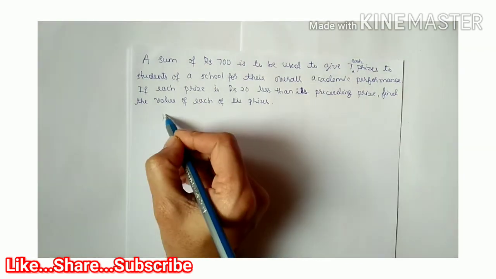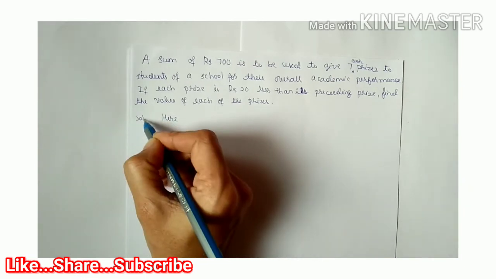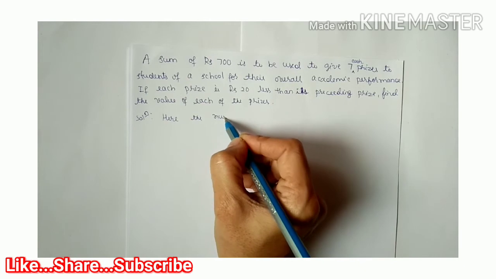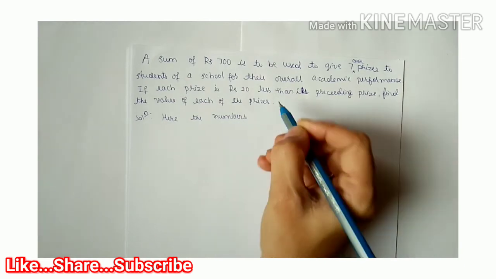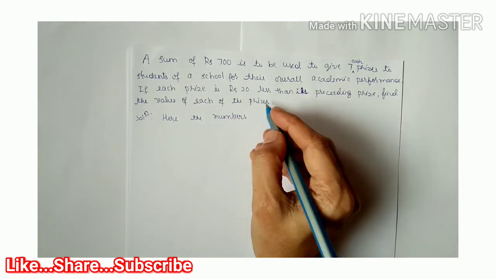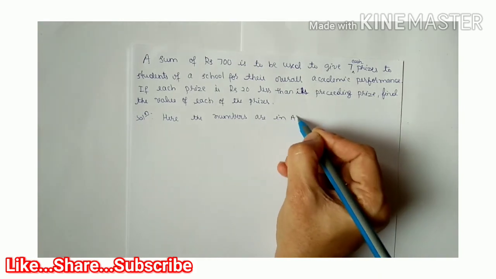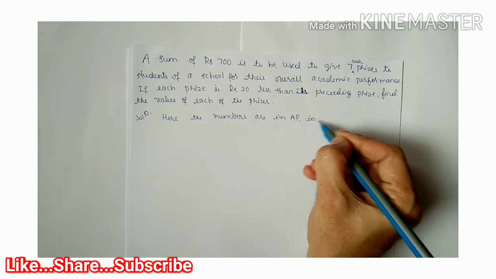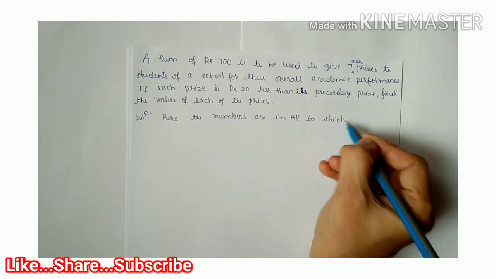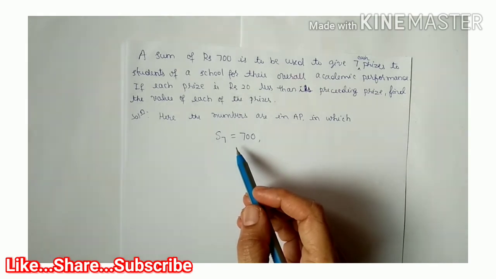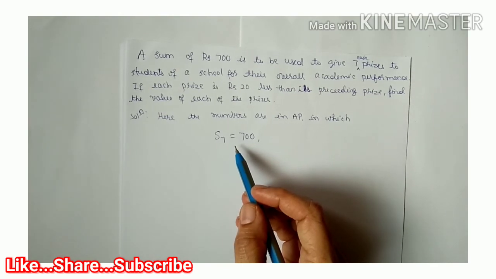Solution. Here the numbers are in AP, in which a sum of rupees 700 is to be used to give 7 cash prizes.